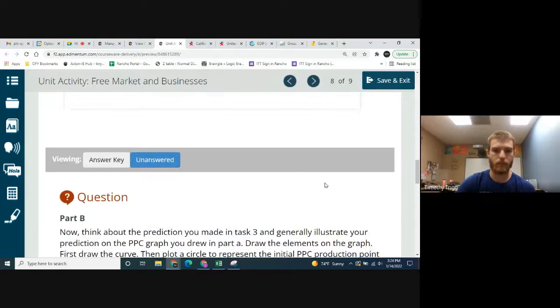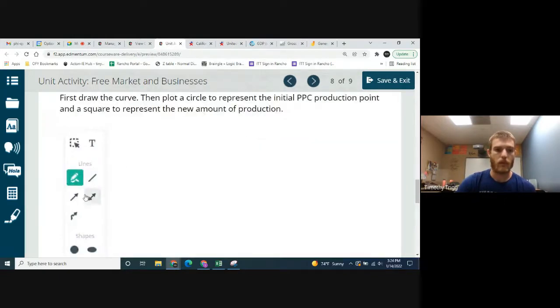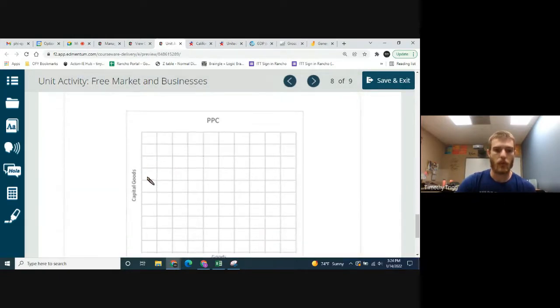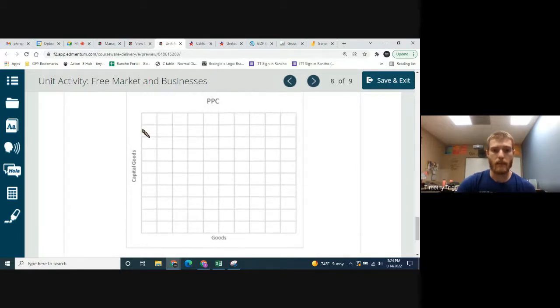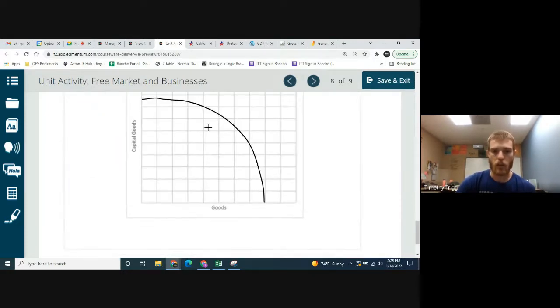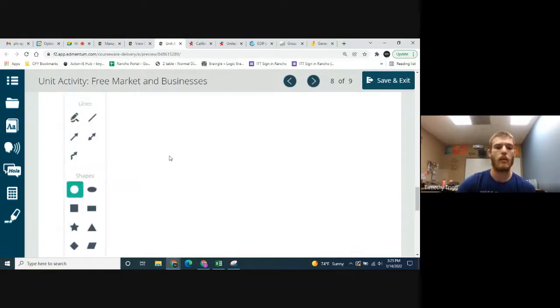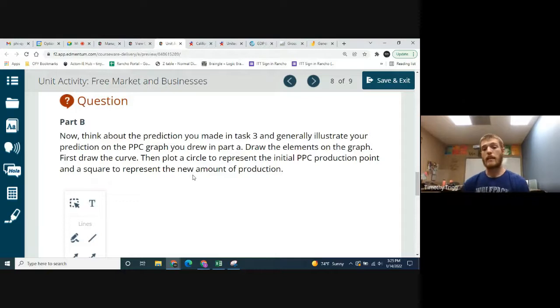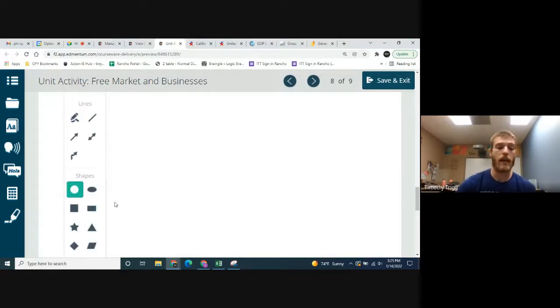That's fine. For this next one, again, we're going to draw the same PPC. So again, like this. Okay, I might have drawn it a little bit different here. Doesn't really matter. And again, here's where we're going to put our current economic situation. Now, if you think the economy is going to get better, then we want to put our next piece of data.